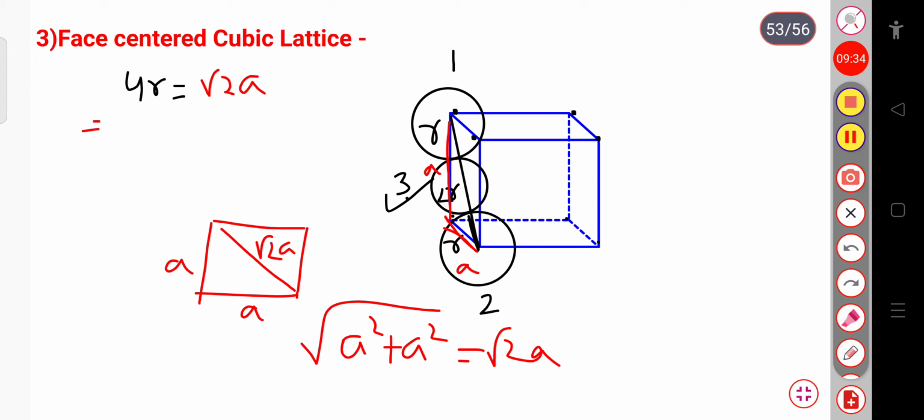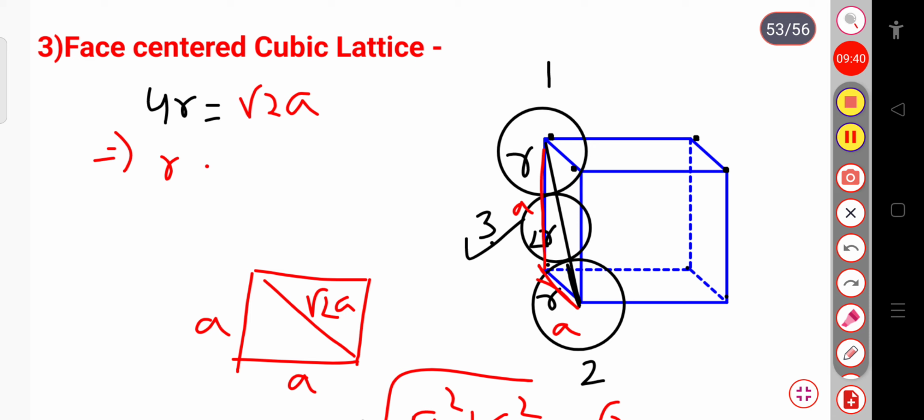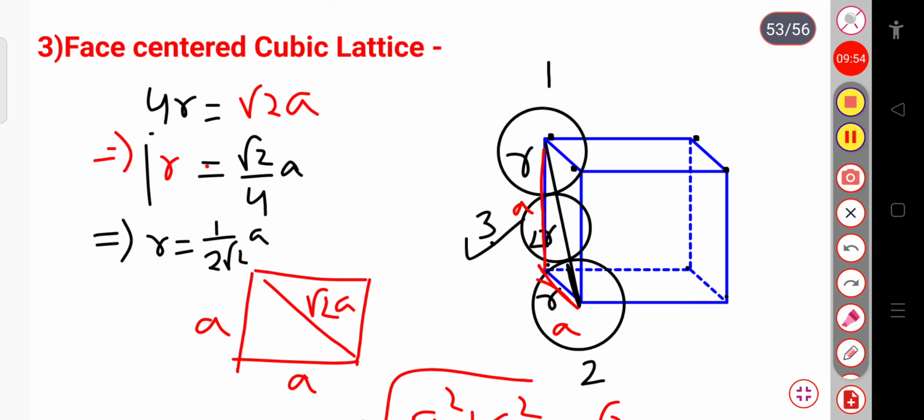That implies r will be equal to root 2 divided by 4 into a, root 2 by 4a.